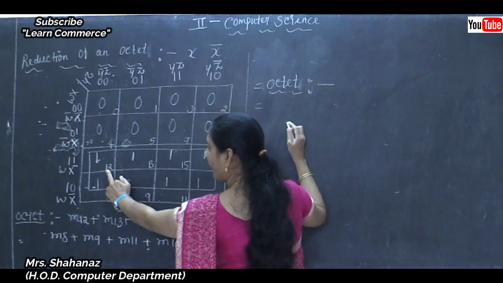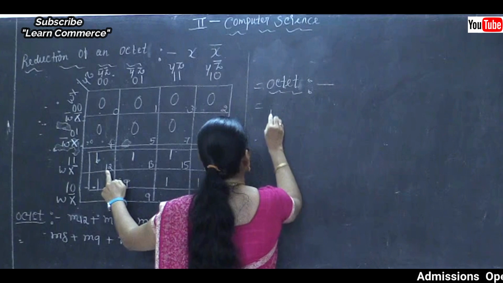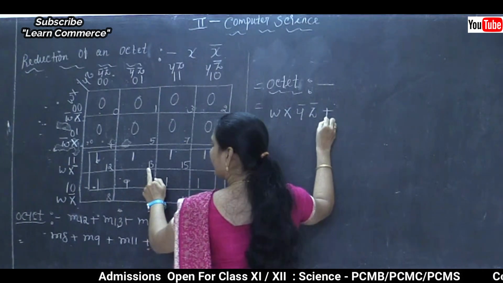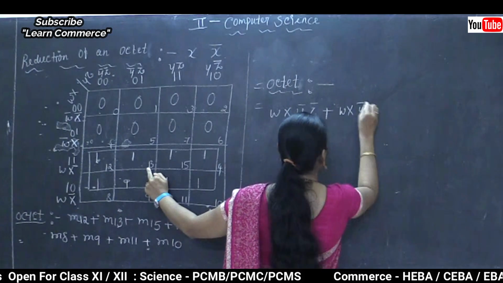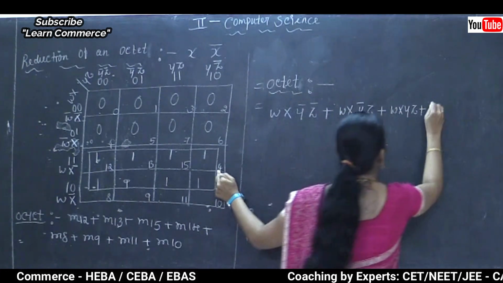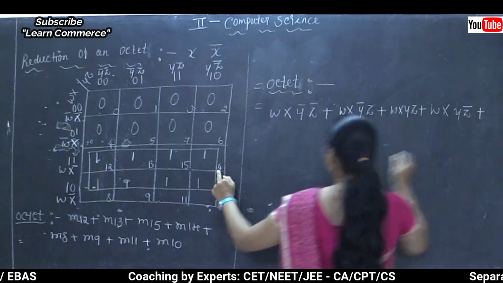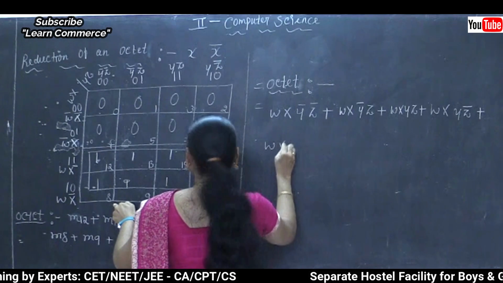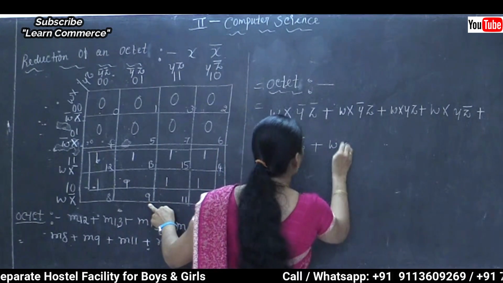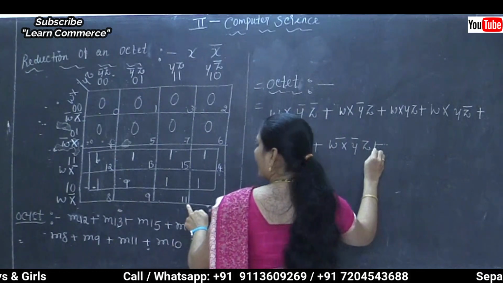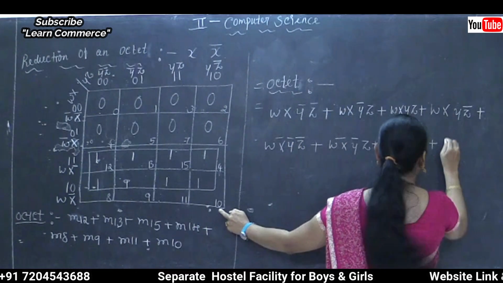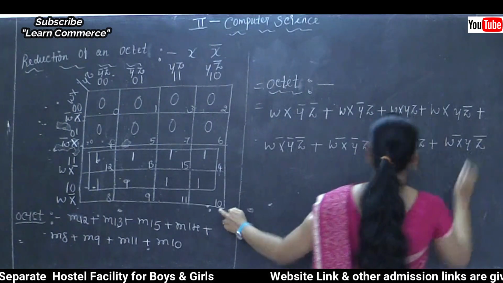So first I am going to take the value 12, the number 12. That is W, X, left side value, upper side value, complement Y, complement Z. And later the 13 value, that is WX, complement Y, Z, plus 15 value, WX, Y, Z, plus 14 value, WX, Y, complement Z, plus 8 value, W complement X, complement Y, complement Z, plus 9 value, W complement X, complement Y, Z, plus 11, W complement X, Y, Z, and lastly the 10 value, W complement X, Y, complement Z. So these are all the values.